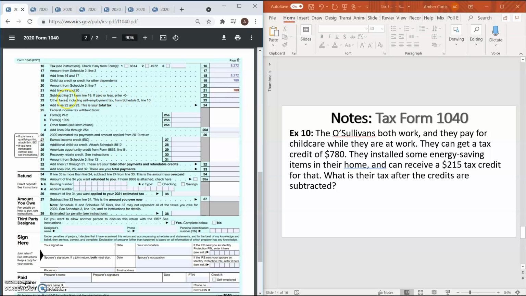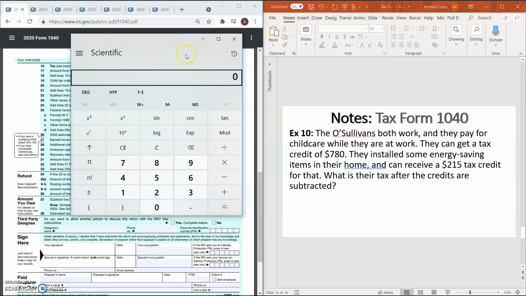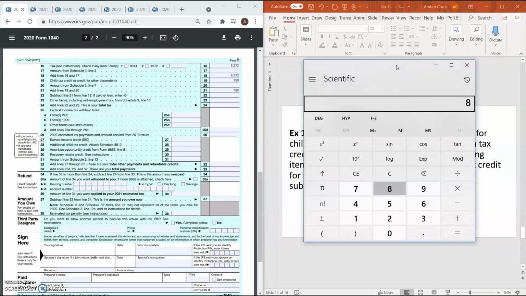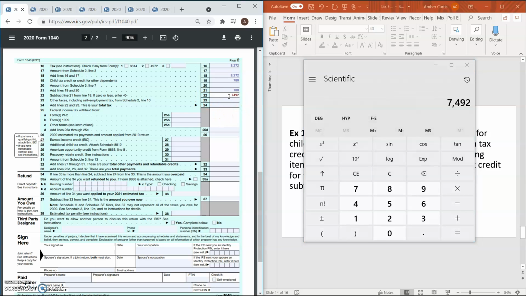Then on line 22, subtract line 21 from line 18. So using our calculator, we're going to take the 8,272 and subtract the 780, and that's going to put us at $7,492 right here. And there are no other taxes, so we're going to just copy that down right here.